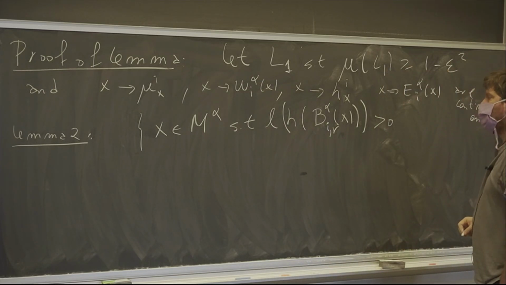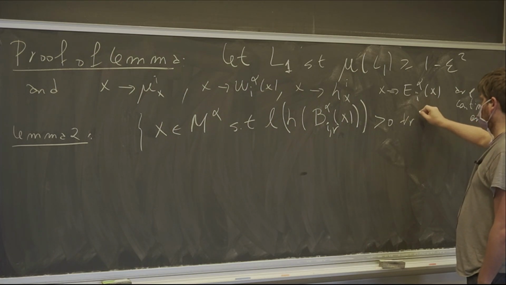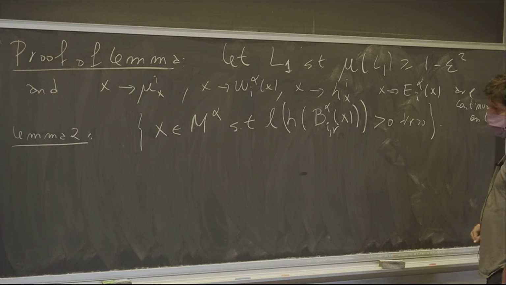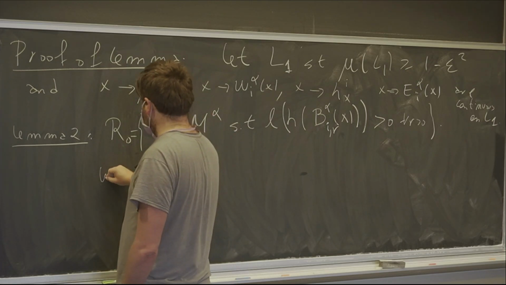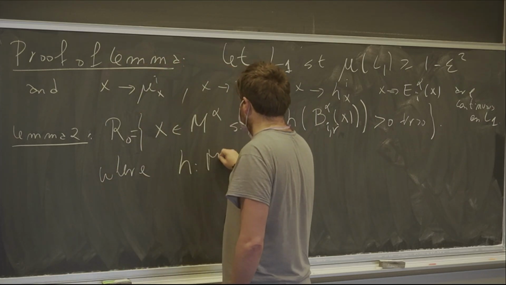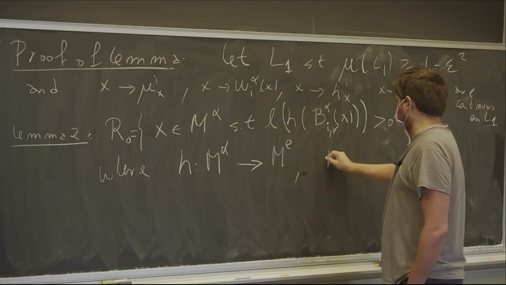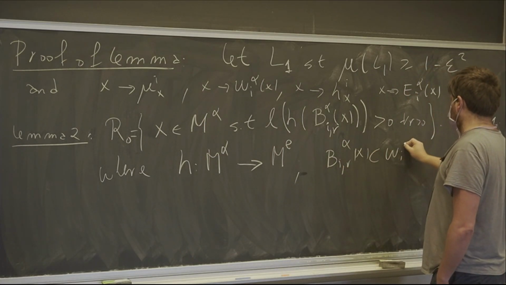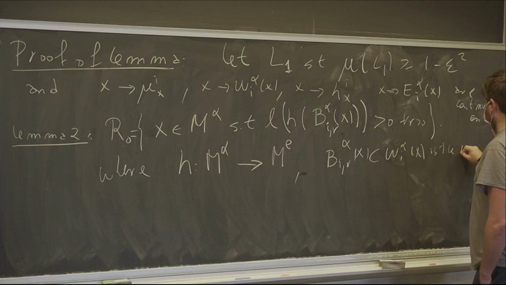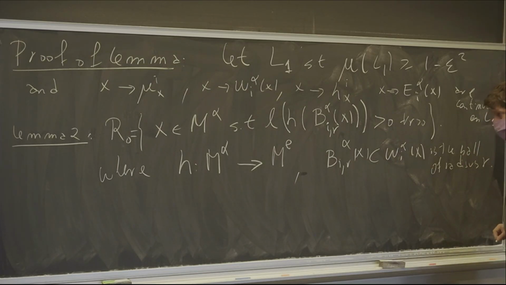R, for every R, we take this set R naught, where H is the semiconjugacy and BIR is contained in WI alpha X, the ball of radius R. Okay, measured with that Riemannian metric.